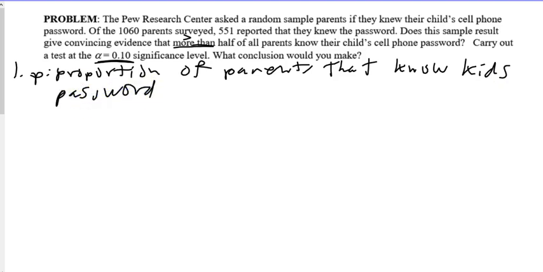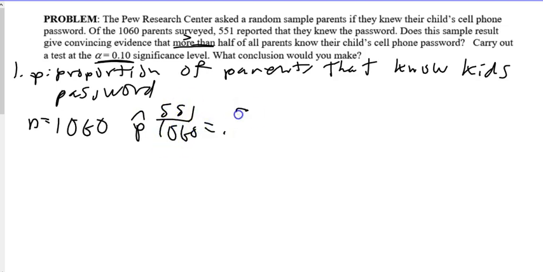So again, we just make a very simple statement. P is a proportion of, and we just pretty much copy it from the word problem. And how many people were there? 1,060 parents surveyed. P hat, that's going to be our proportion, 551 over 1,060, which equals 0.52. That's P hat. And alpha was given to us, 0.10.